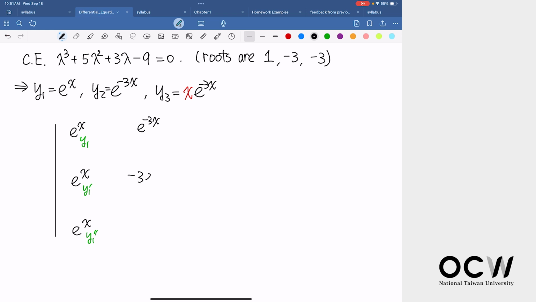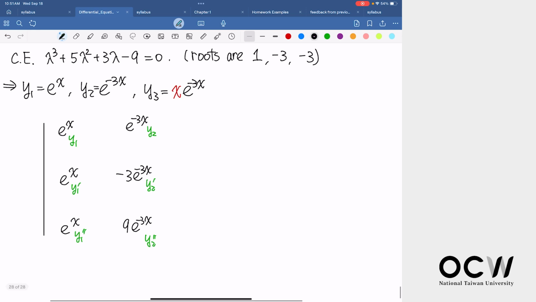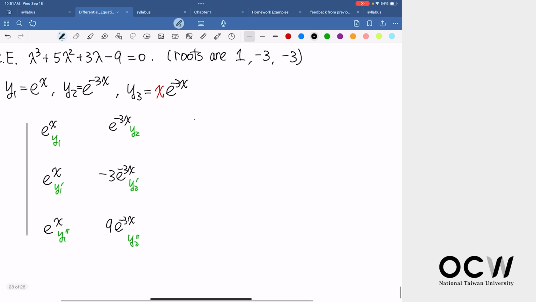y2 is e to the minus 3x, take the derivative minus 3 times e to the minus 3x, and then 9 times e to the minus 3x. So here's y2, y2 prime, y2 double prime. y3 is x times e to the minus 3x.